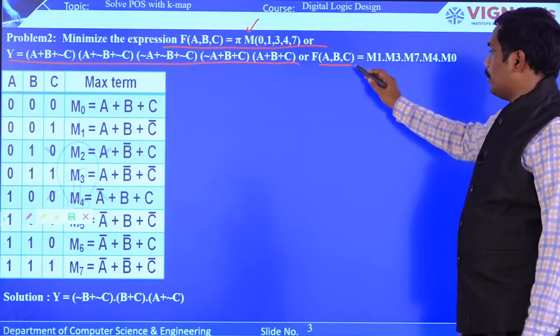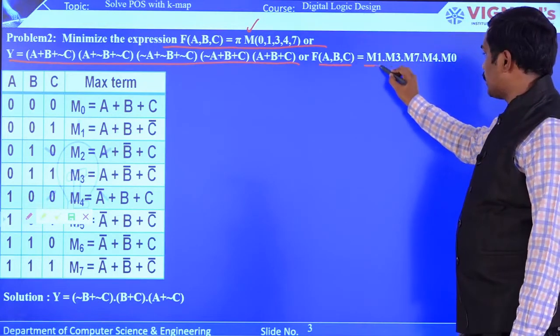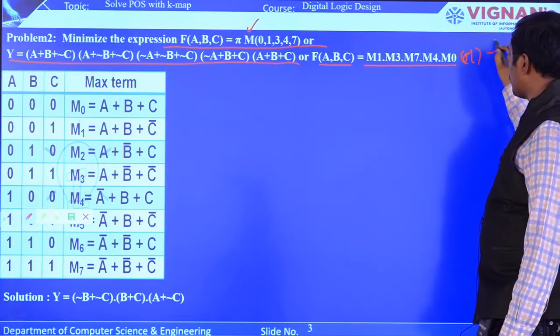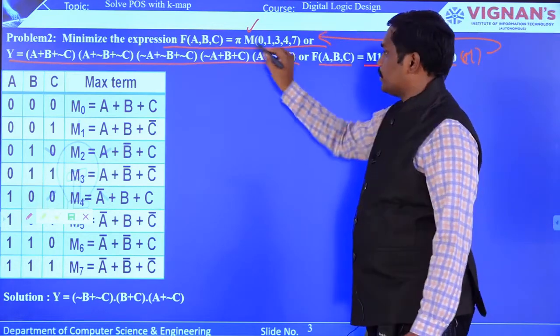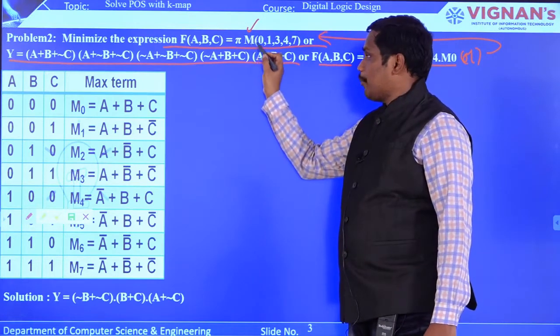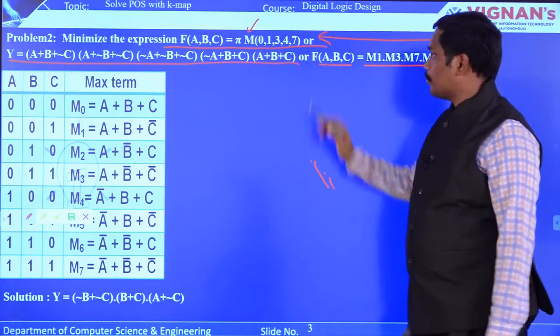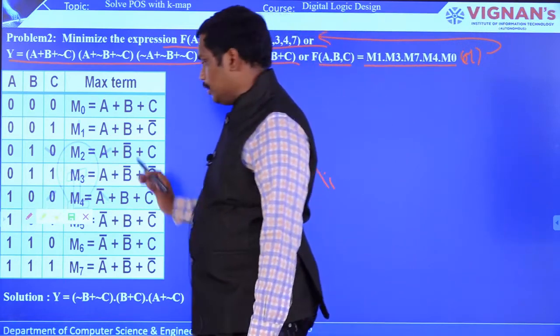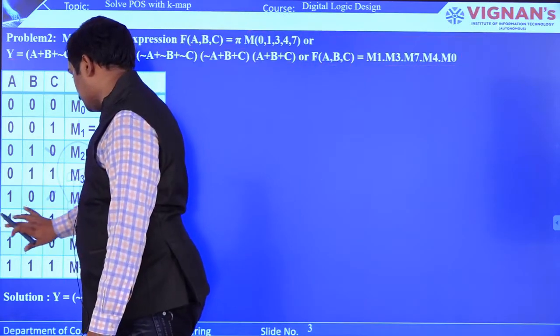So the Boolean expression that they have given can be written like this, or you can also write like this, pi capital M of 0, 1, 4 and 7, right? Now we'll solve this particular problem.